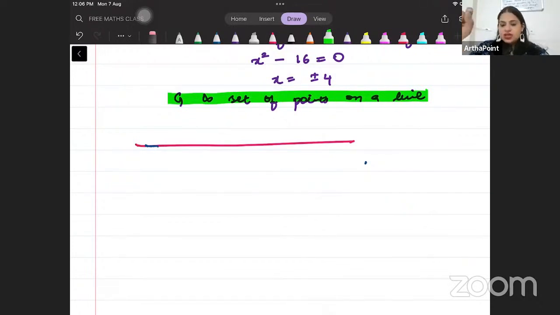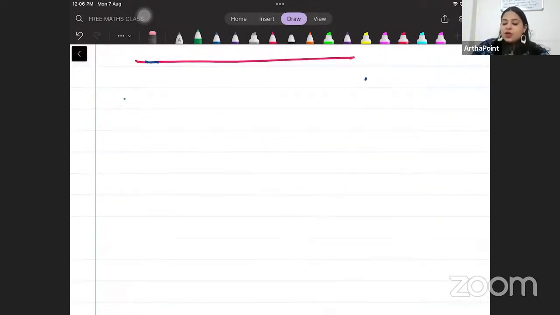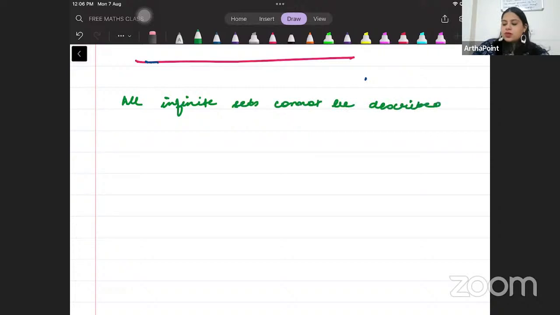Please refer to the last class. Okay, beta. So please write this down for me that all infinite sets cannot be described in roster form, right? Because elements don't follow any pattern.